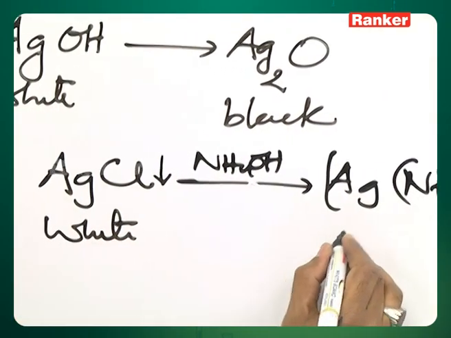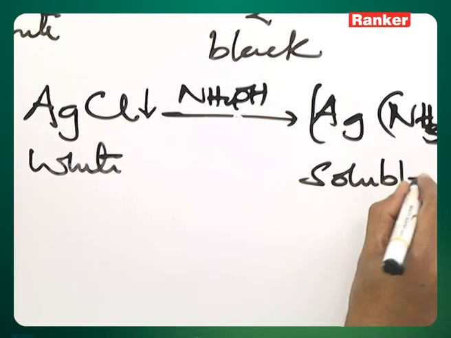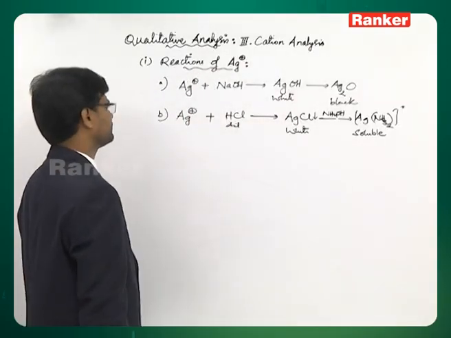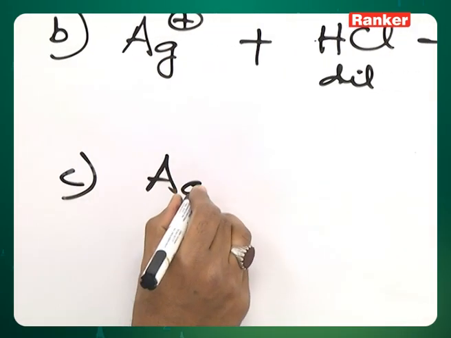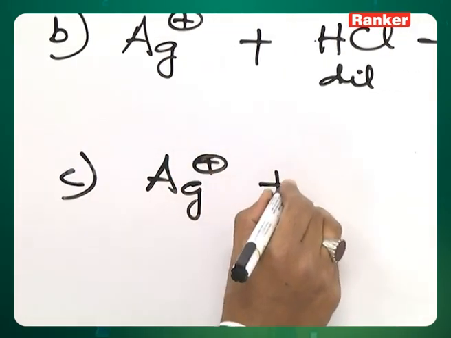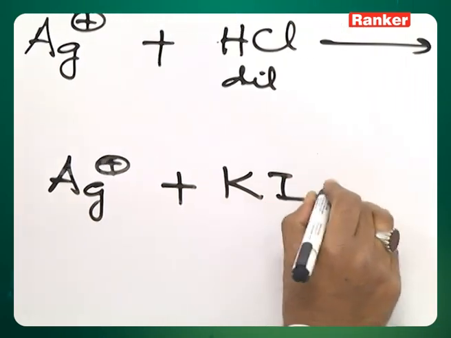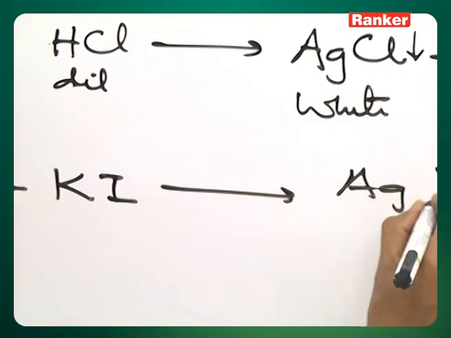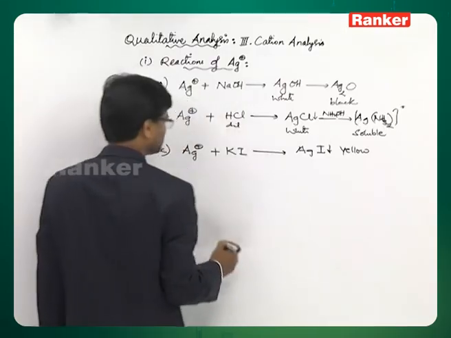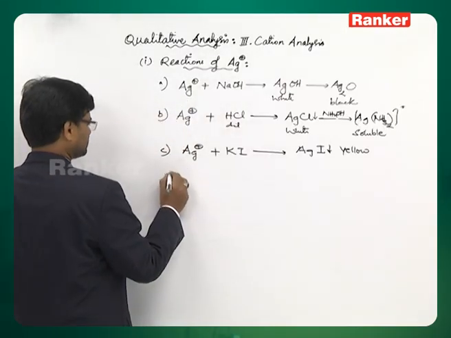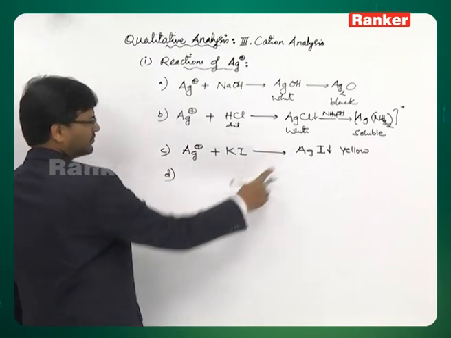This white precipitate is soluble in ammonia solution. Ag plus plus KI, you get a yellow precipitate of AgI, which does not dissolve in ammonia.